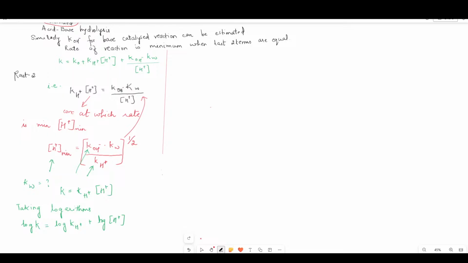So now what we get is log of k is equal to log of k_H+ minus pH. It is negative pH.